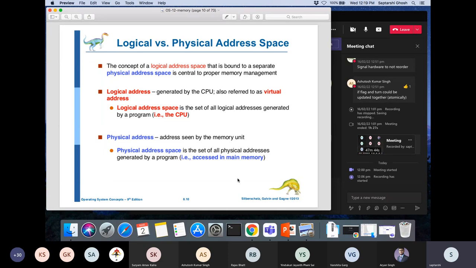So there has to be some translation, binding or mapping from the address generated by the CPU while running a program to the actual address that is sent to the memory device. Mapping from the logical address space to the physical address space is called address binding. These things will become clearer as we go ahead, so just bear with me for some time.